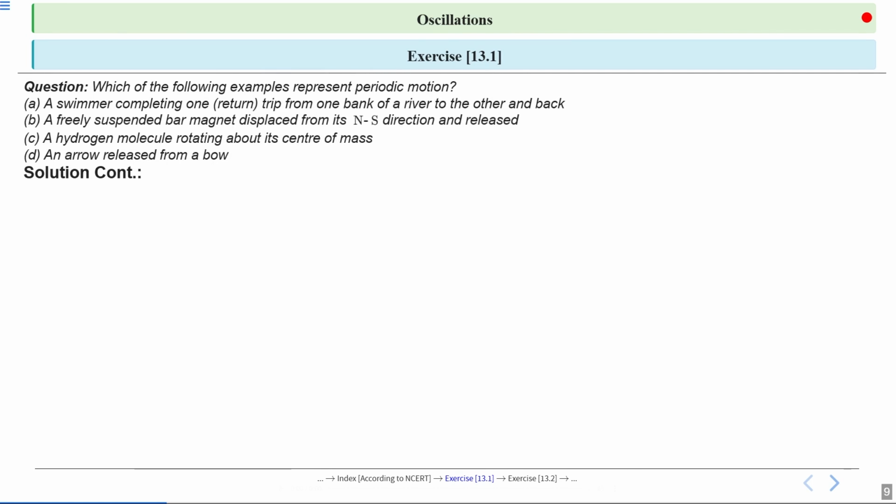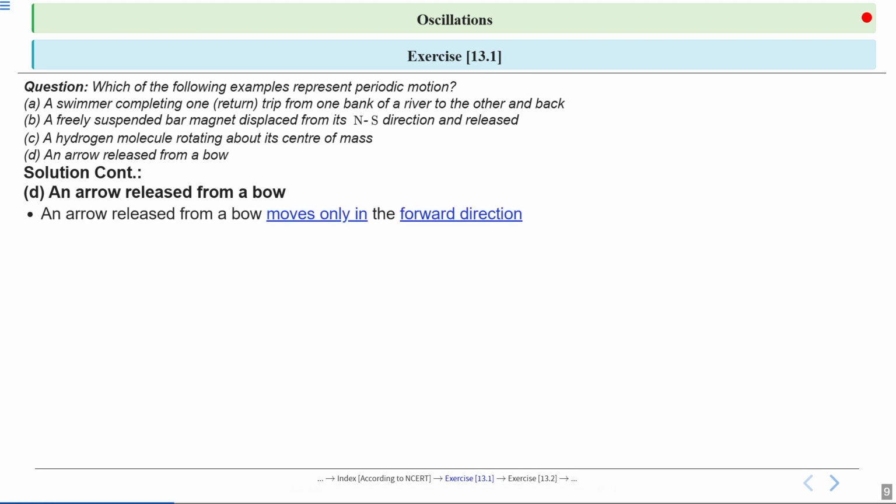Now, let's focus on D. An arrow released from a bow. So, the arrow only moves in the forward direction. It does not return to its starting point or repeat its path. This is different from motion like a pendulum or a rotating molecule where the motion repeats over time.